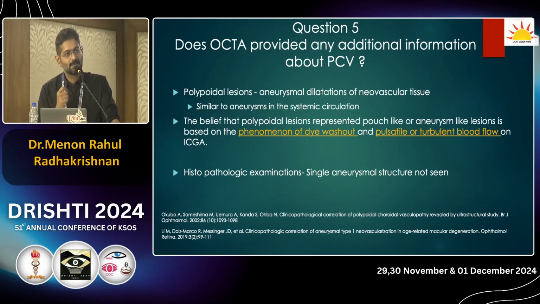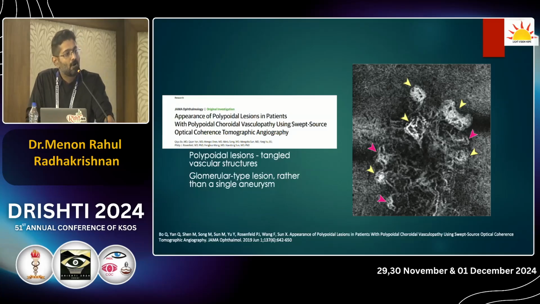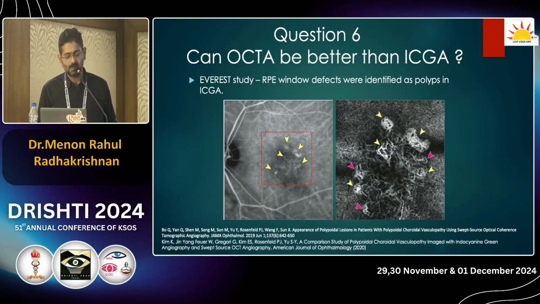But surprisingly, on histopathological examination of most of these PCV cases, they did not find a single aneurysmal structure. A study from a Chinese group found that these polypoidal lesions are not actually polyps, but tangled vascular structures. You can actually see them as a glomerular type region rather than a single aneurysm. So this is something new that we got to know from OCTA.